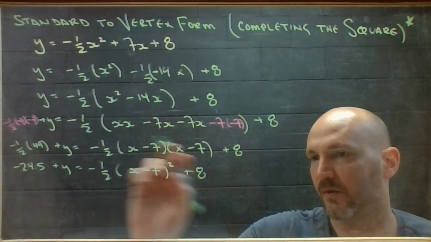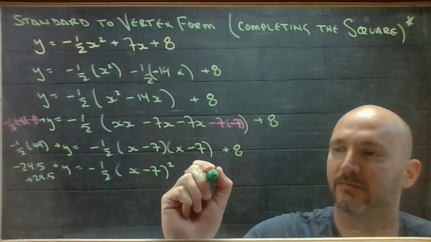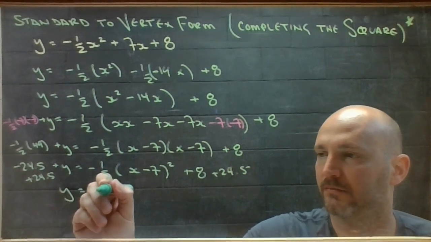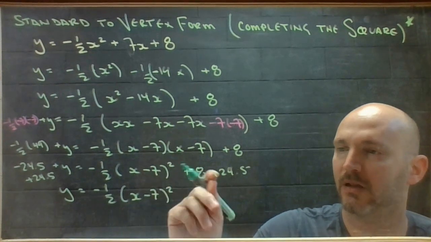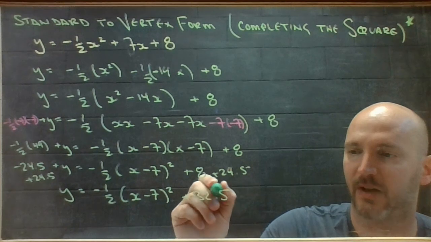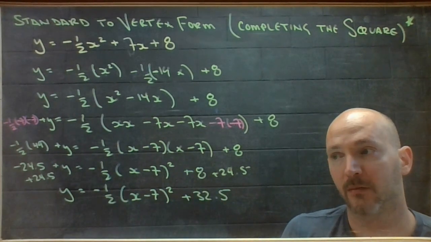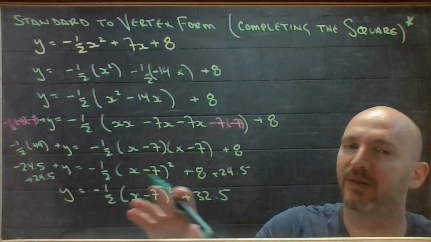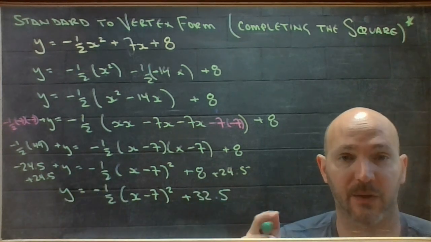And to get this over here, I'm going to have to add 24.5. 8 and 24.5 is 32.5. And I'm done. So if you can tolerate a decimal, and 0.5 is, that's okay. There's no rounding error in this, so you might as well use it.